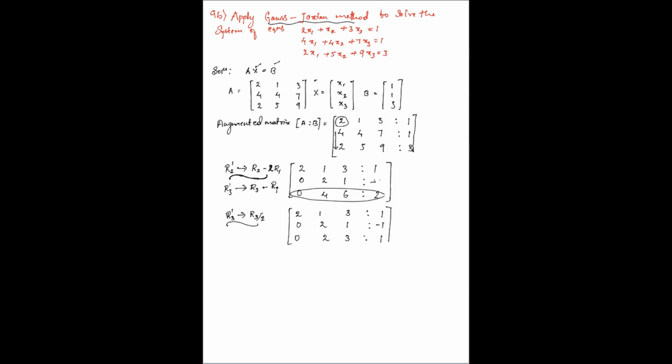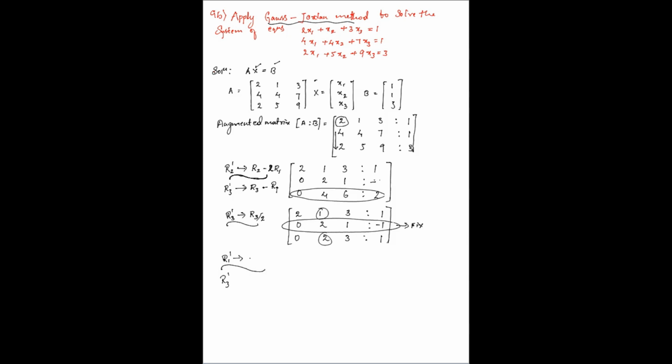Now what I am going to do is keep the second row as it is, fixed. I am fixing the second row and making these two values 0. So I am changing R1 dash and R3 dash.